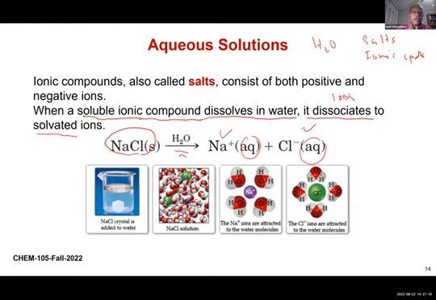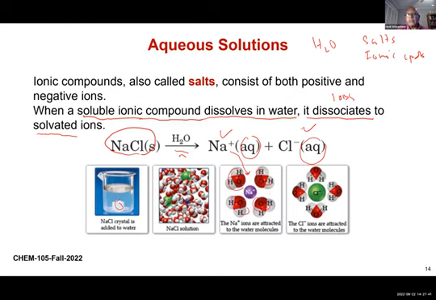When you put a sodium chloride block here, it disappears. Insoluble means it doesn't dissolve. It doesn't go into solution. They're solid. When this happens, this sodium ion is surrounded by many water molecules. Only a few are shown here.